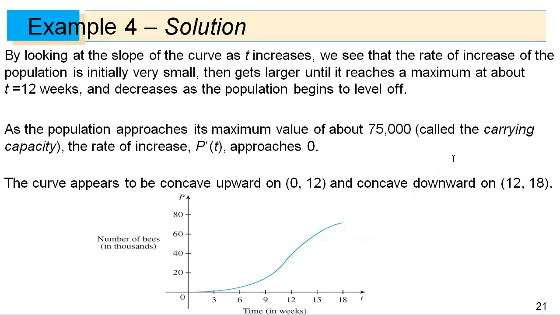Well, we can calculate these things by actually taking derivatives and finding these values rather than just looking at a graph and kind of getting a rough idea. By looking at the function, we can see that it seems to level off as far as the rate of change is concerned around 12. Remember we said that it kind of switches from concave up to concave down around 12.